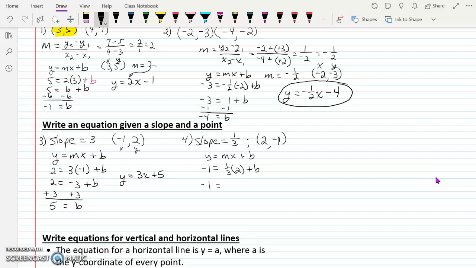So -1 equals 2 times 1/3 is 2/3 plus b. I'll go ahead and subtract 2/3 from both sides. So b equals -1 and 2/3. Therefore, my equation will be y equals 1/3 x minus 1 and 2/3.